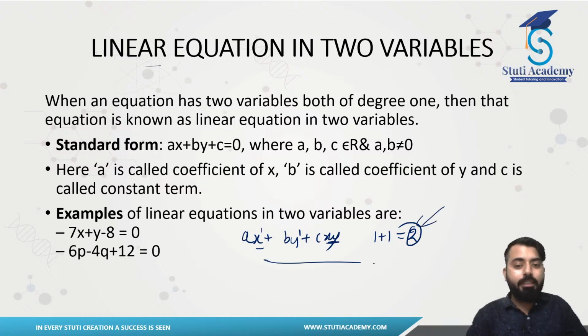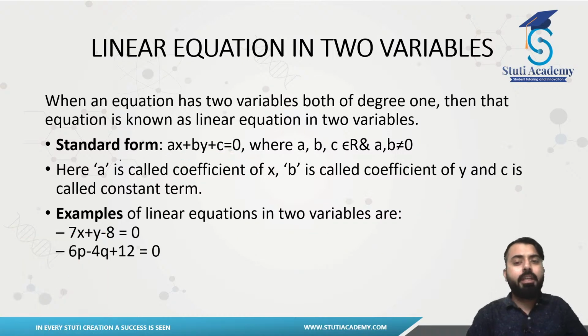So remember, this is why your standard form is like this. In the standard form, a is the coefficient of x, b is the coefficient of y, and c is your constant term. So a linear equation in two variables looks like minus 7x plus 8y minus 8 equals 0.